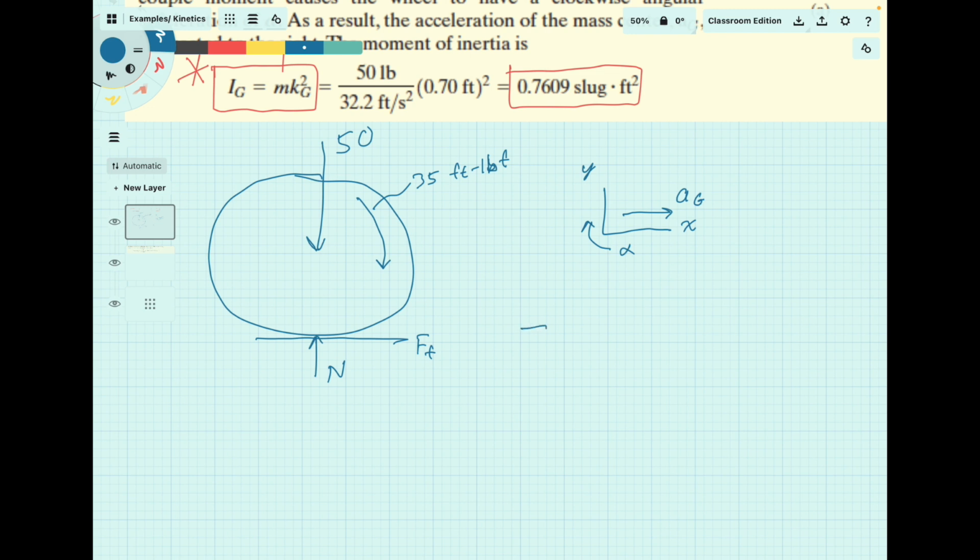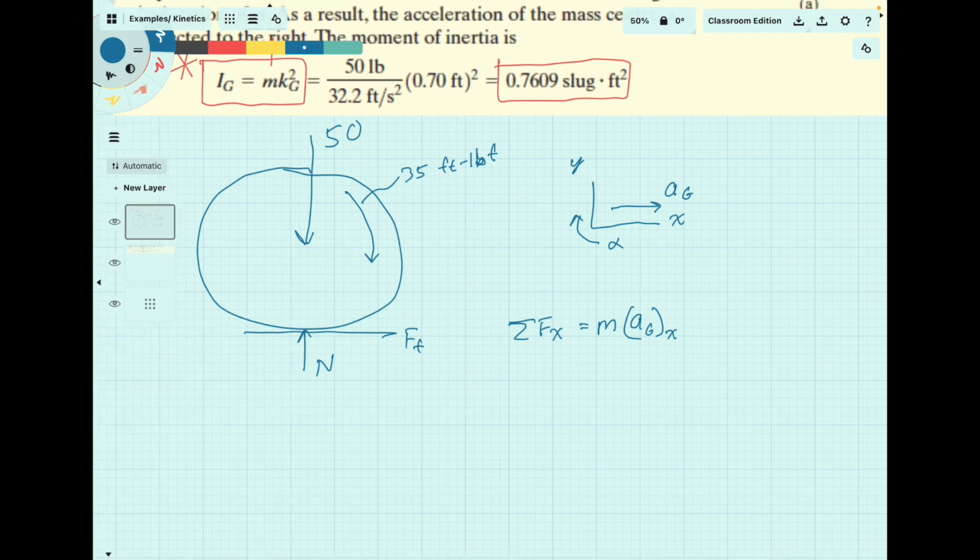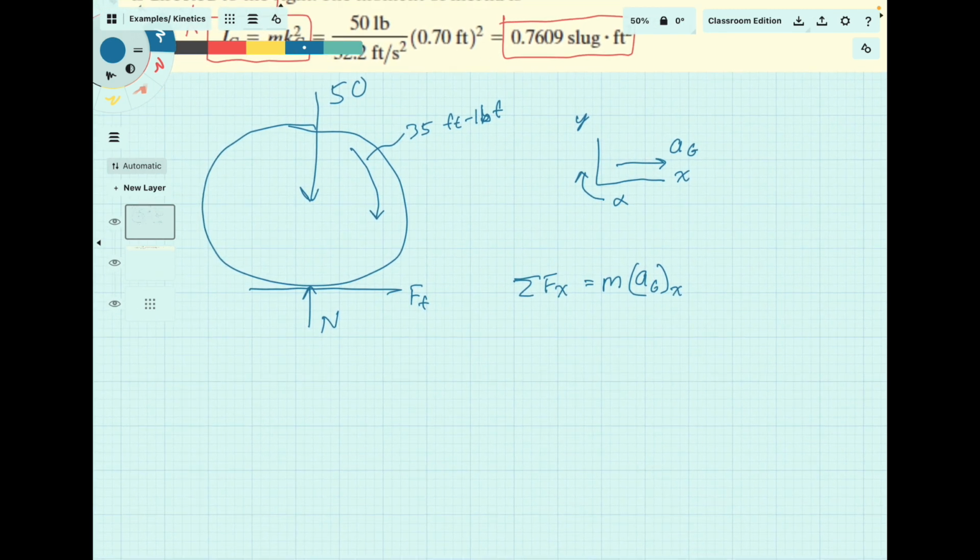We'll start with the summation of forces in X. Mass times acceleration at the center of gravity, X. And we've got our force of friction is equal to the mass, which will be 50 over 32.2, times an acceleration term, which we do not know yet.